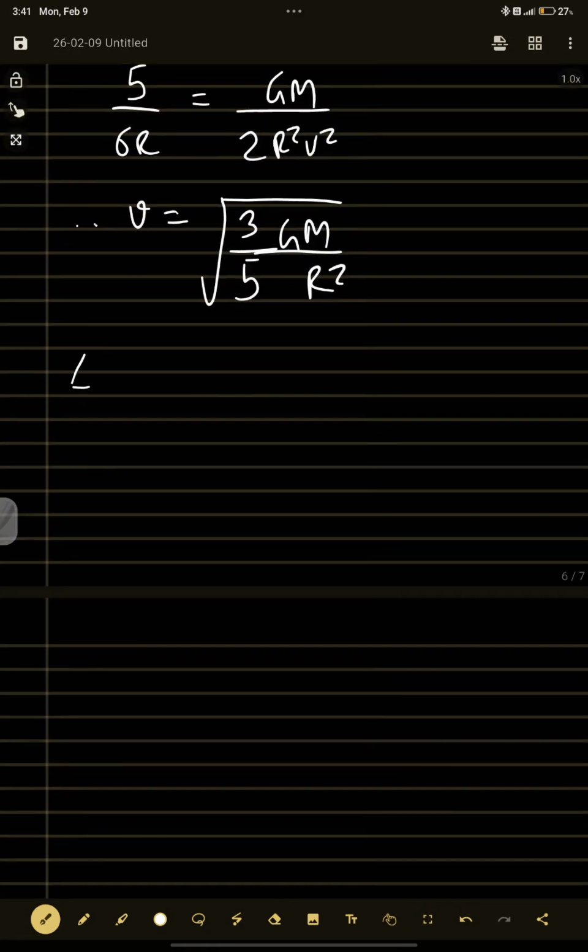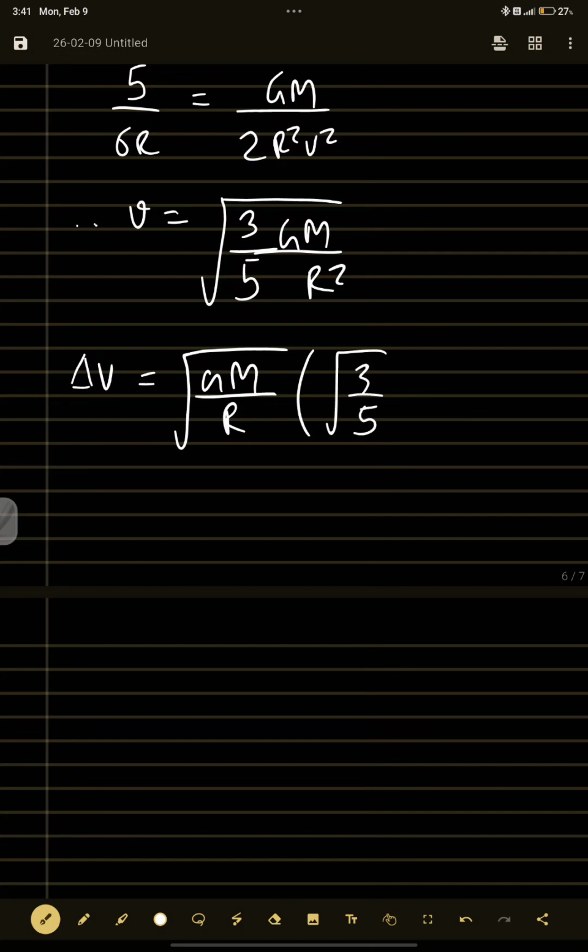Calculate. Root GM by r equals root 3 by 5 minus 0.5. That is root 0.6 minus 0.5. How much is that?